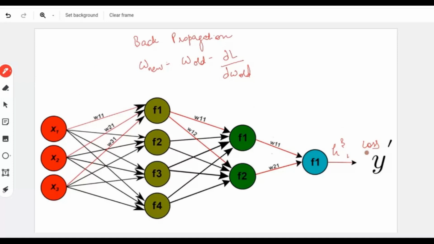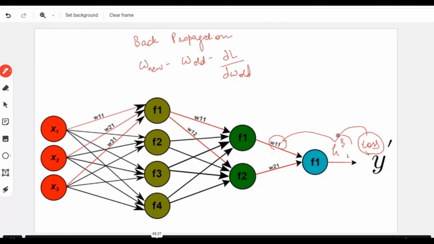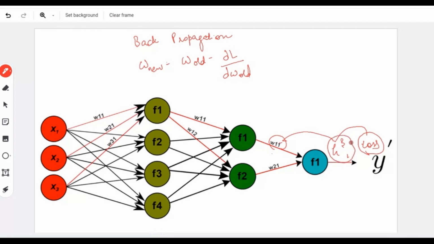So here is the question. You have the loss here, you have the weights here. For the loss to be differentiated with the weights, you have to actually travel this path back. You have this output in the middle. So you have to travel into this output first and then you have to go back to the weights.